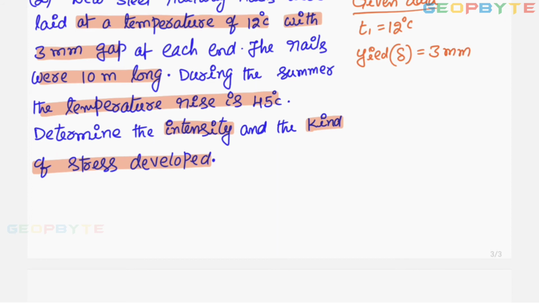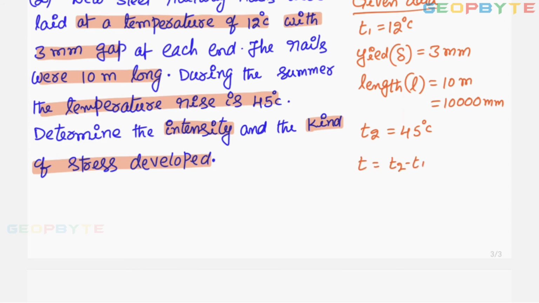The rails were 10 meters long. Length of the rail 10 meters equal to 10,000 mm. During the summer, the temperature rise: final temperature T2 equal to 45 degrees centigrade. Therefore, change in temperature T2 minus T1, 45 minus 12, is equal to 33 degrees centigrade.